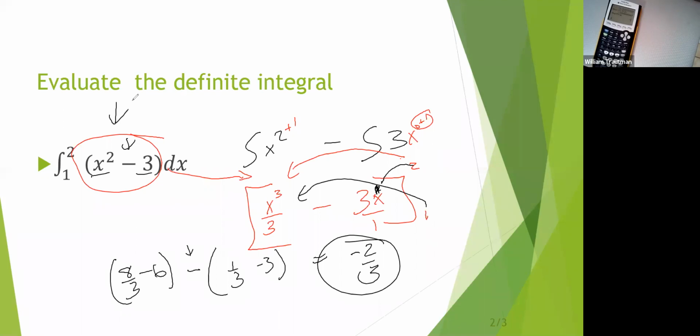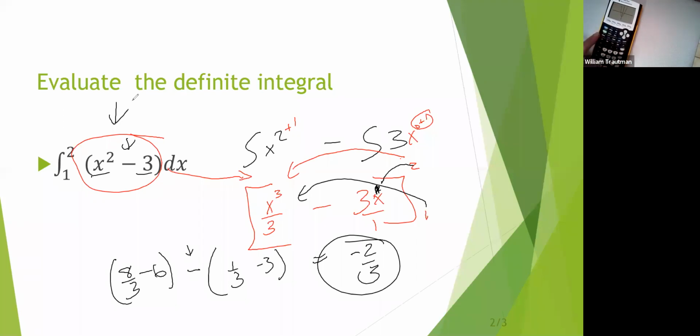Let's see if I can do this on my calculator. The calculator sometimes on these is a little tricky. So I'm going to hit y equals, and we're integrating x squared minus 3. When I hit graph, this is what I get.